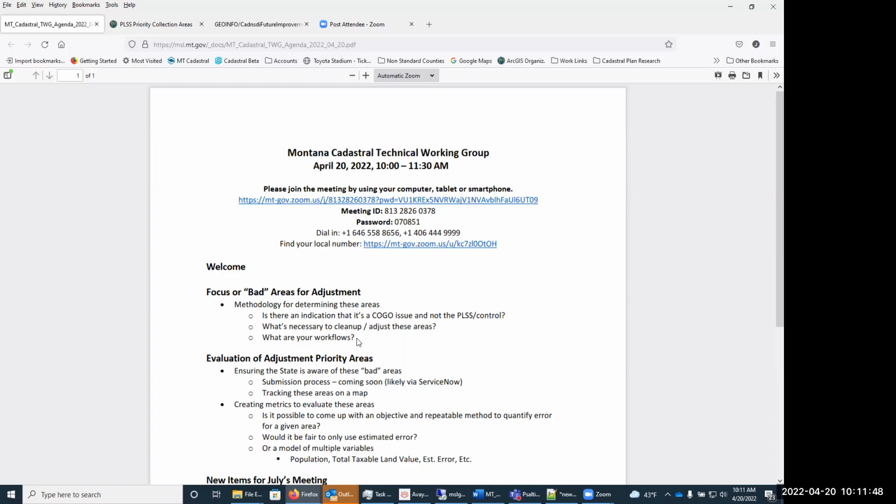Deer Lodge is a good example that Michael brought up to me yesterday. Then the cartographers or the analysts in the area are left to pick up the pieces and redraw the area. If there are any indications that it's more of a COGO issue versus a PLSS issue, it would alleviate the pressure of having to collect additional PLSS control when that's not even going to fix the issue.